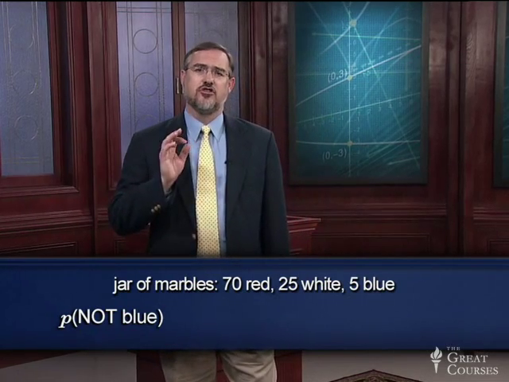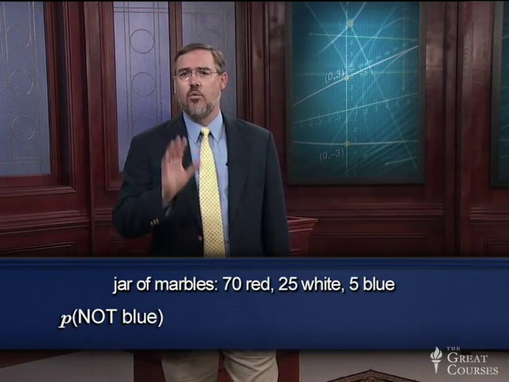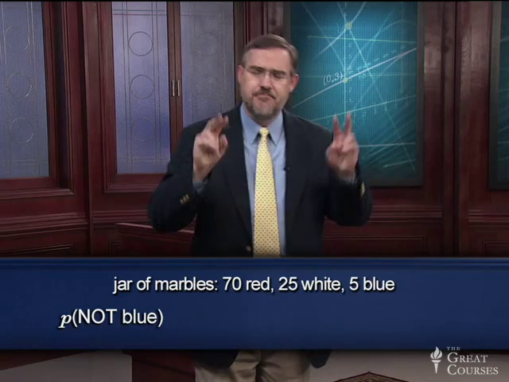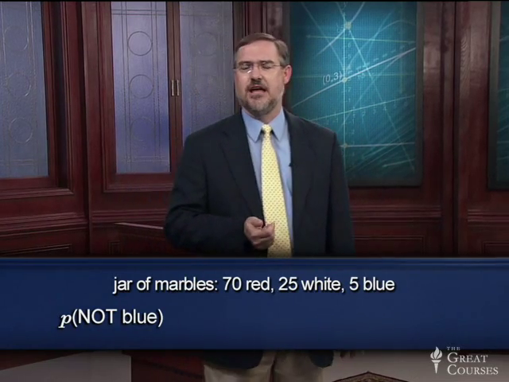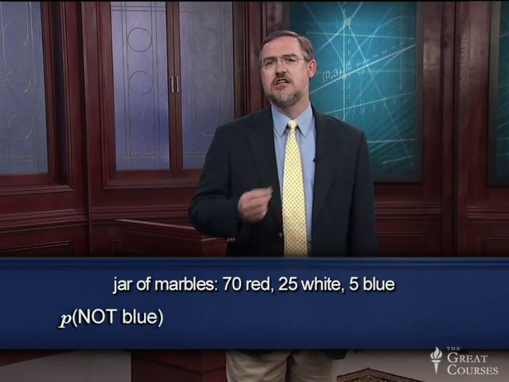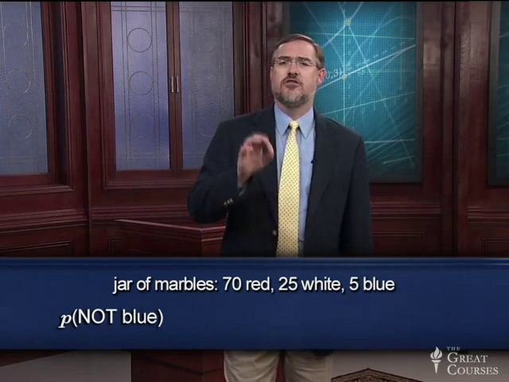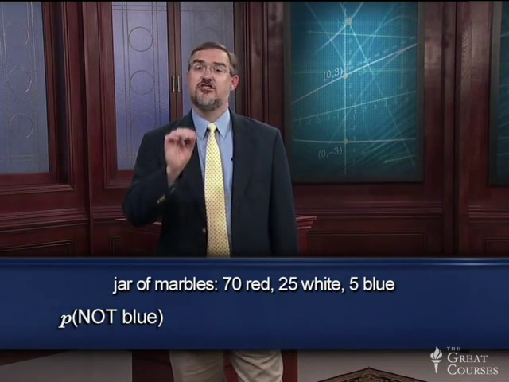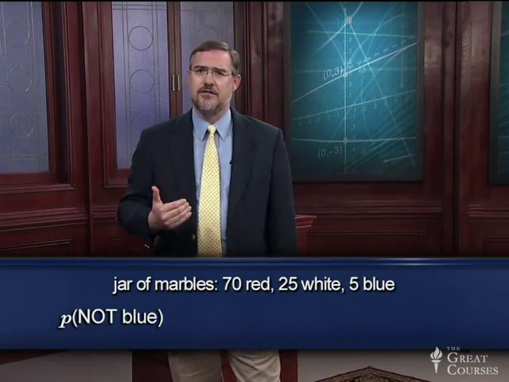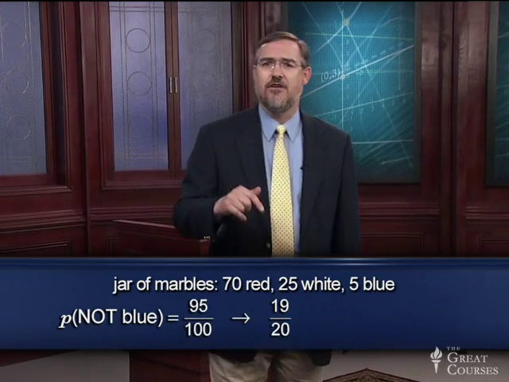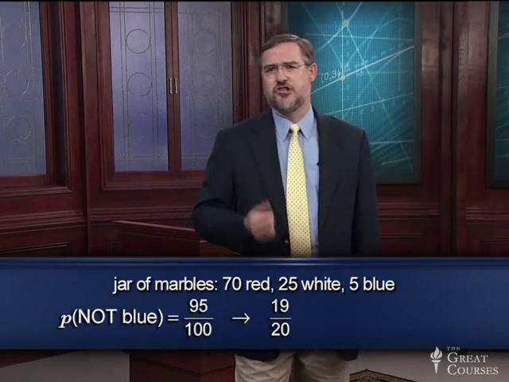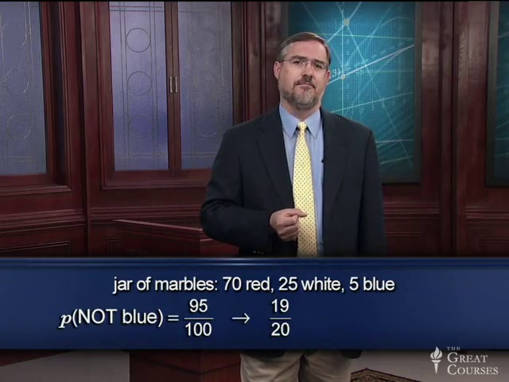And so the total number of ways that we could successfully actually do the experiment, if you want to think of it that way, is m equals 95. And therefore, the probability of selecting a marble that's not blue and doing so at random is going to be 95 over 100, which is the same as 19 over 20.